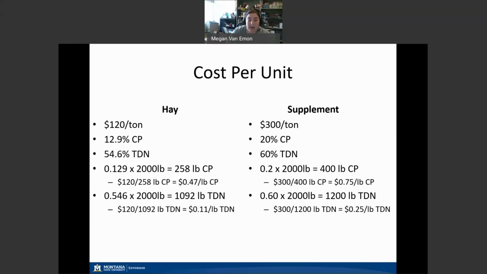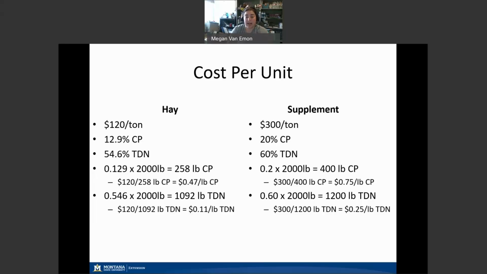I tend to estimate them about 60 to 65% TDN, depending on the ingredients that are included. The only way to know that for sure is some companies may provide that number for you, or you could collect a sample and send it in for nutrient analysis, and you can get that accurate number.